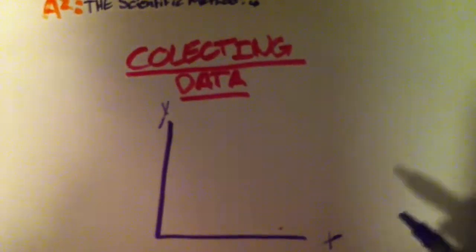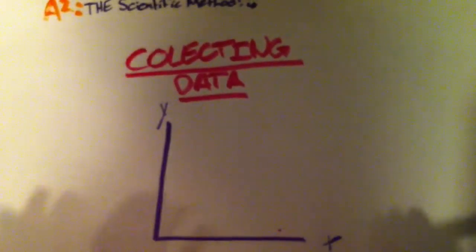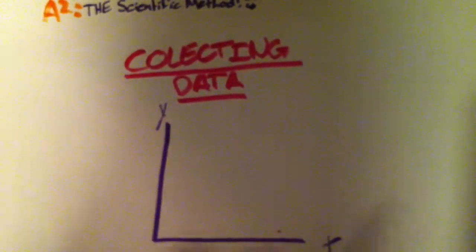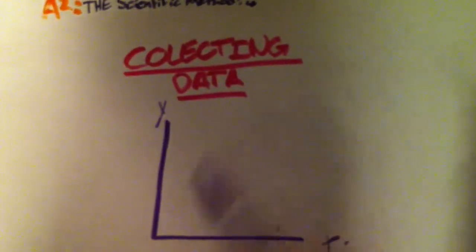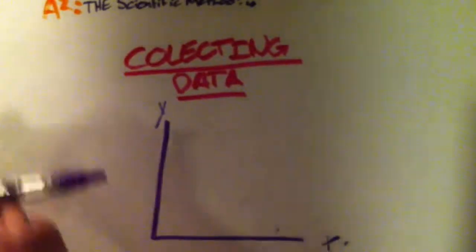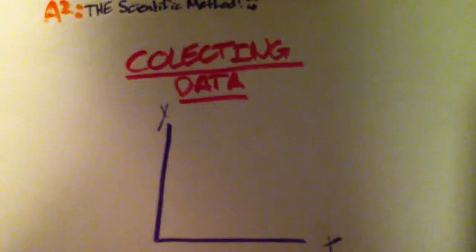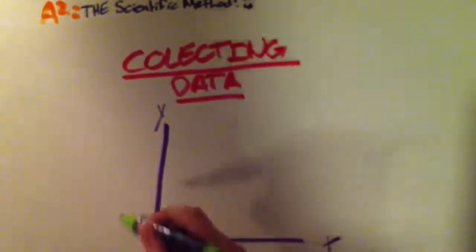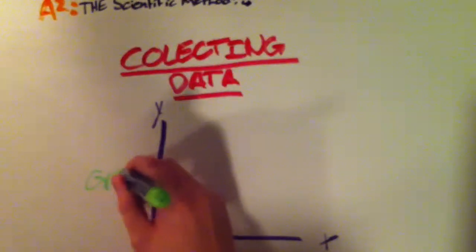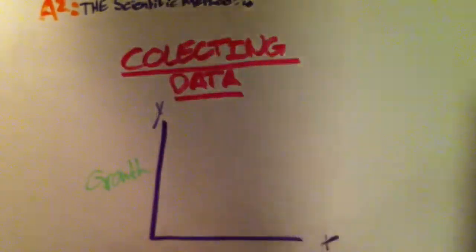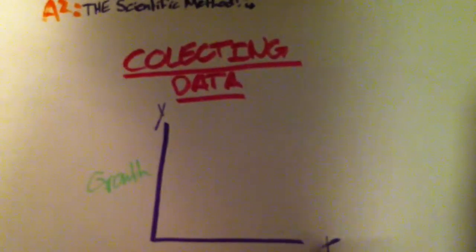When creating your graph, the time elapsed, or the test number, or whatever it is, goes on the x-axis, whereas the independent variable always goes upon the y-axis. So for our example, growth is what we're measuring, and time.